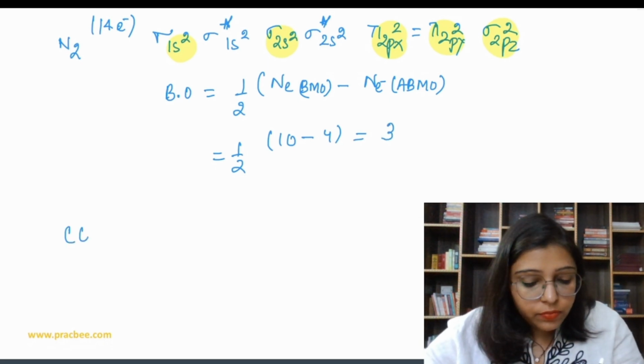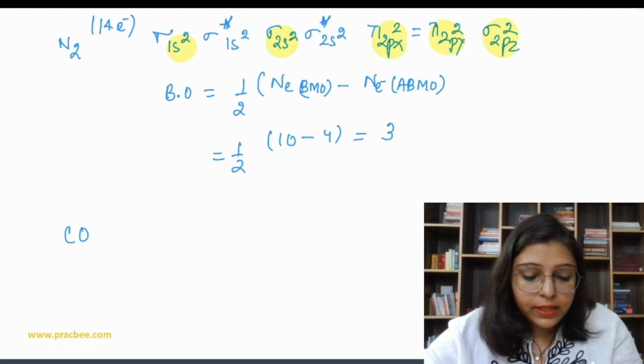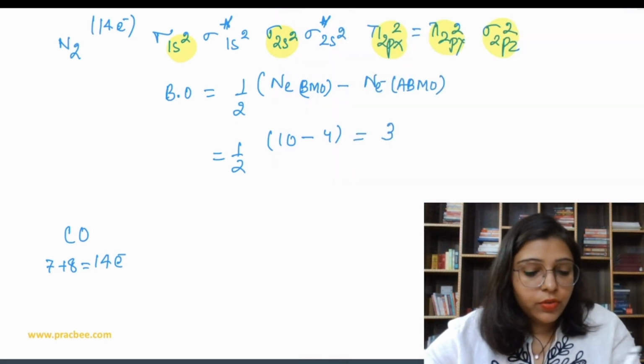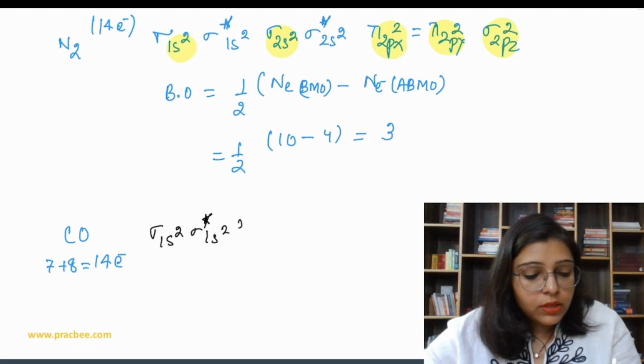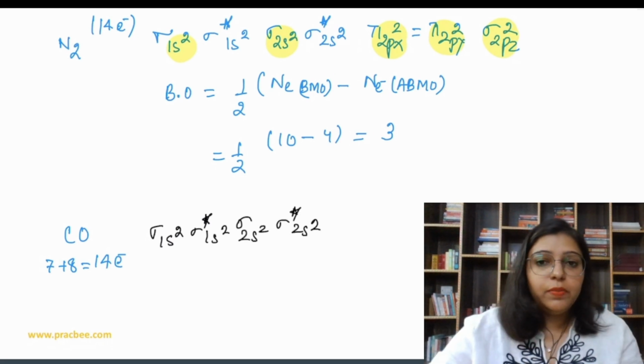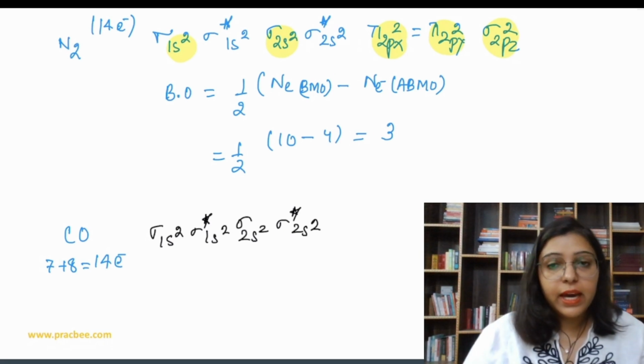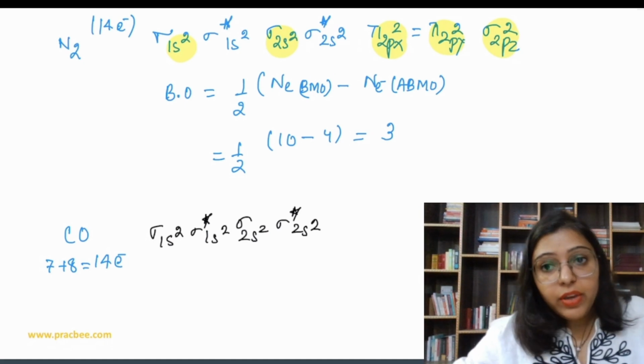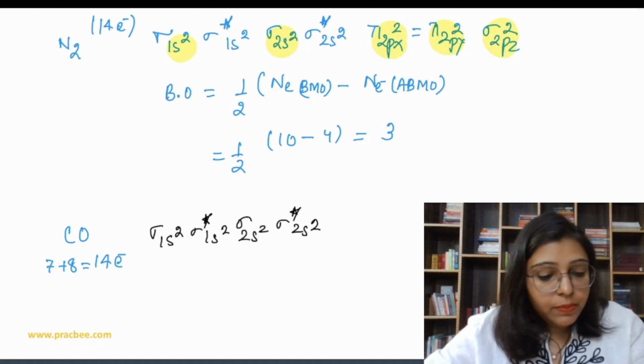Similarly, we have CO, carbon is 6 and oxygen is 8, so that is also 14 electrons. When we write the electronic configuration for this one: sigma 1s2, sigma star 1s2, sigma 2s2, sigma star 2s2. Now what is the difference between the carbon monoxide configuration and the nitrogen configuration? We have to write sigma 2pz first.